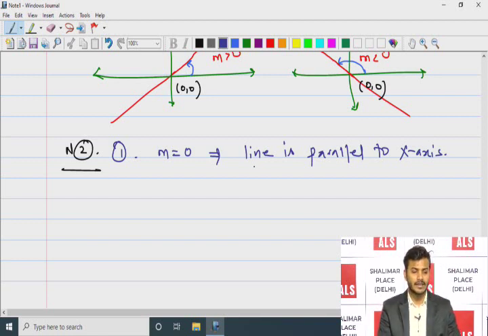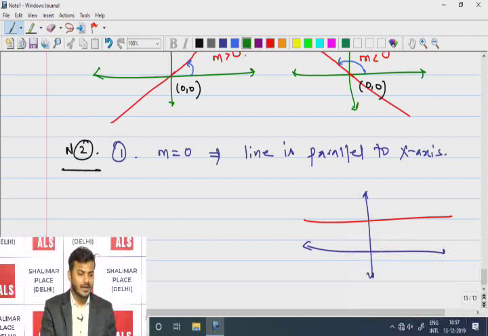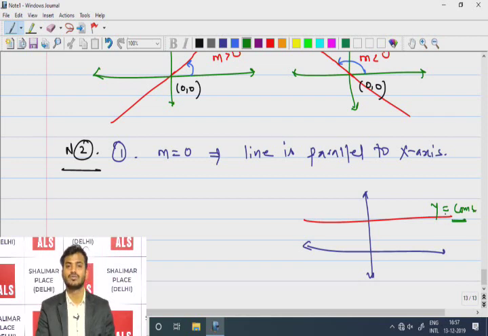And how will any kind of line which is parallel to the x-axis look? You see, this is the case. Any line which is parallel to the x-axis will look somewhat this way. This is the line. So what I can write here is that the equation of such lines is going to be y equals constant, isn't it?